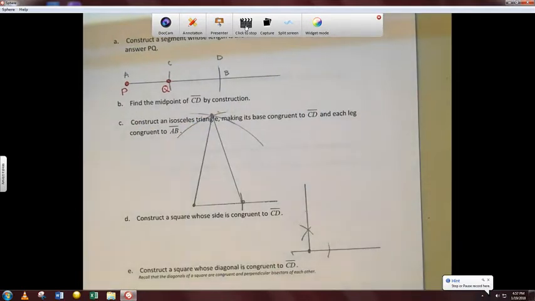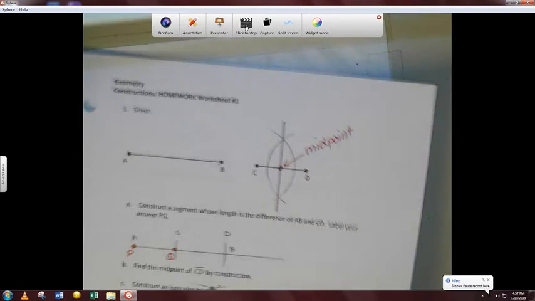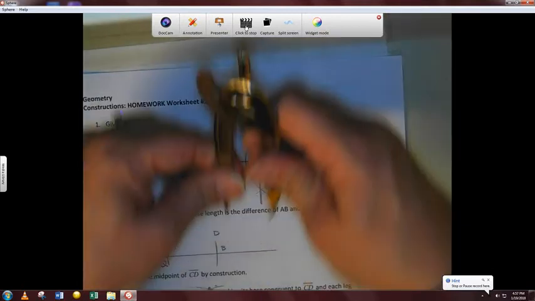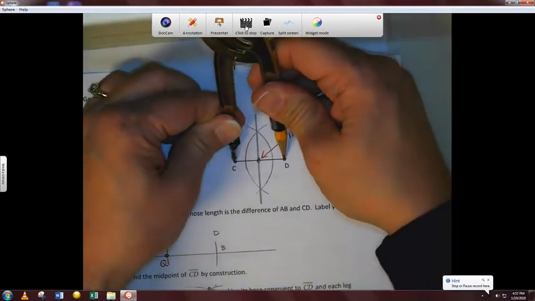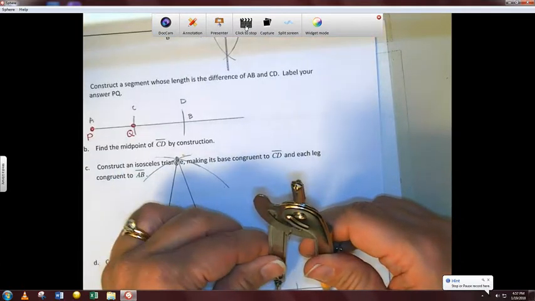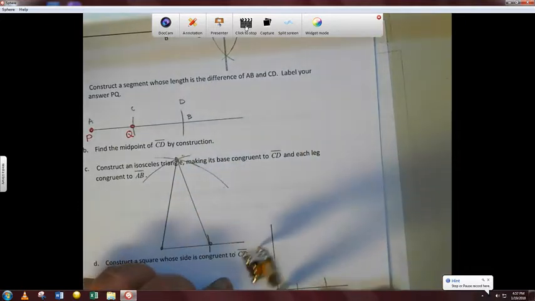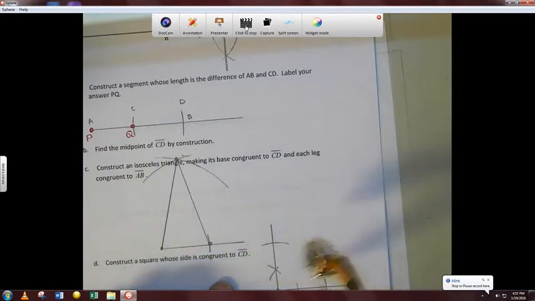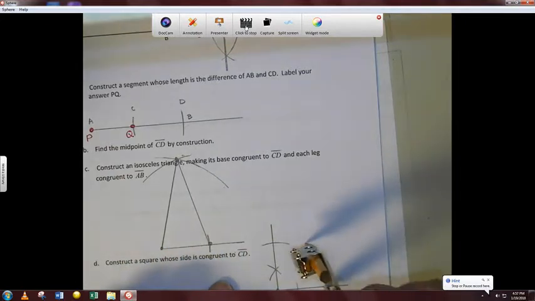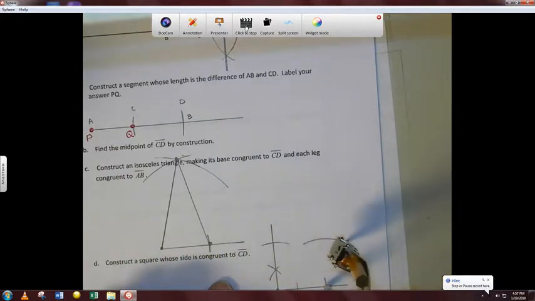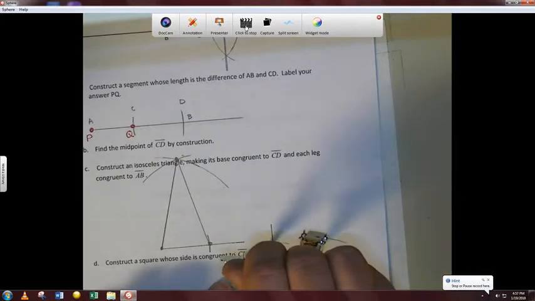Now the side of the square has to be CD. So I'm going to measure CD, and then I'm going to swing that arc on this side and on this side. And then from each of these places to finish my square, I'm going to swing an arc and then find out where they intersect.